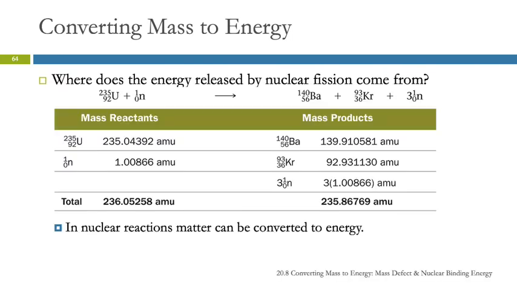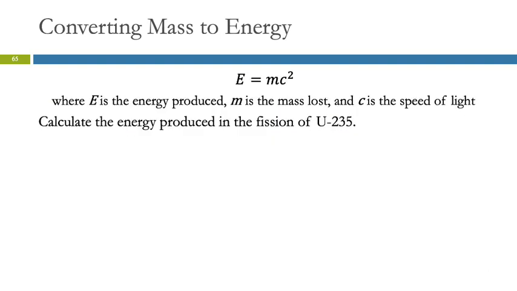So we're going to go back here, and we're going to find our mass difference, 235.86769 minus 236.05258. Oh, I'm doing it backwards, but I'll just change the sign. So 0.18489 atomic mass units.